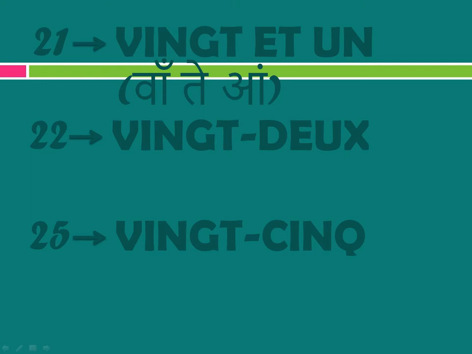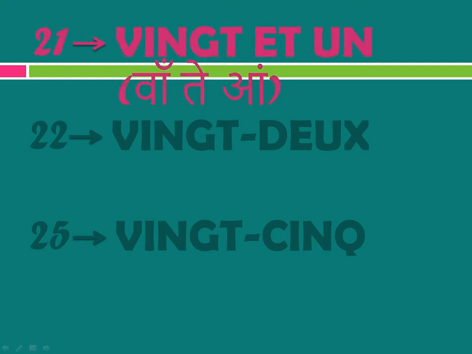First is 21. For forming 21, we have 20 and 1. Vingt et un. The pronunciation is vingt et un.